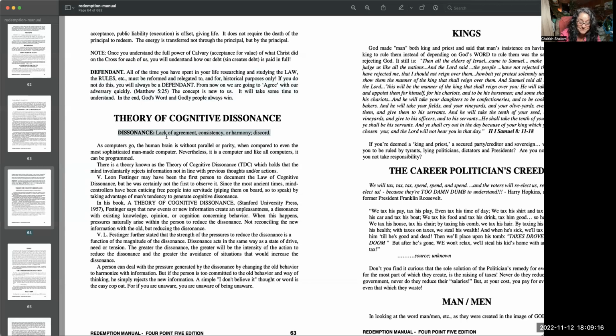Discord. As computers go, the human brain is without parallel or parity when compared to even the most sophisticated man-made computer. Nevertheless, it is a computer, and like all computers, it can be programmed.